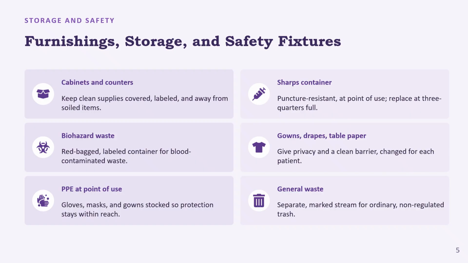Personal protective equipment, or PPE, should be stocked right in the room so that protection is always within arm's reach. And finally, there is a clearly marked stream for general, non regulated waste. Knowing which container is which is a skill you will use constantly because putting waste in the wrong stream is both a safety problem and a cost problem.